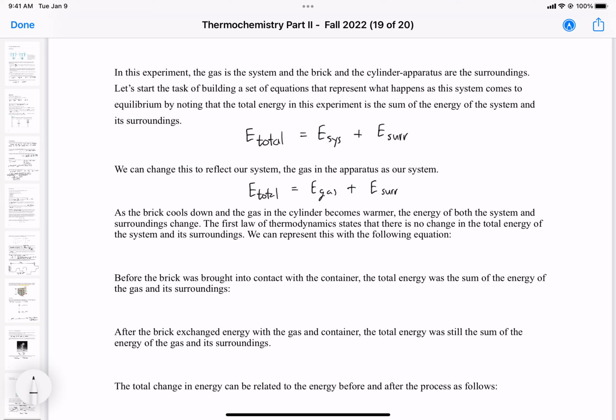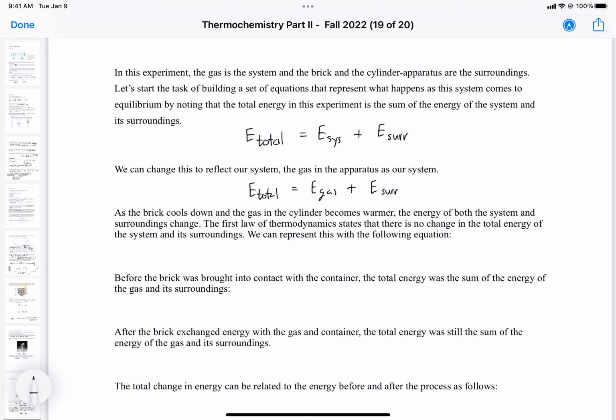However we arrange the atoms, usually a reaction goes if there's a lower energy arrangement of these atoms and their electrons. Okay, so last time we were talking about this brick heating a system of gas particles.